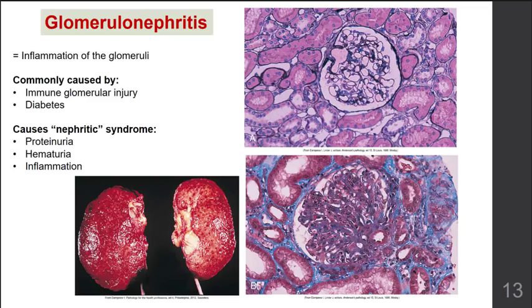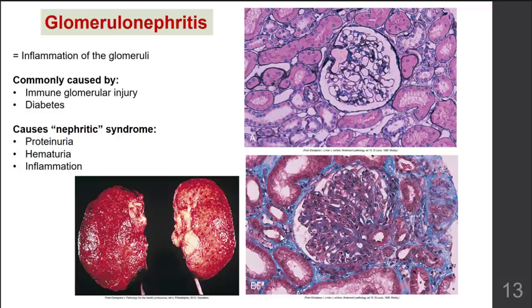Now we're going to look at glomerular disorders, so referring to injury to the glomeruli of the kidney. First, we'll talk about glomerular nephritis. Remember, itis refers to inflammation, so this is really inflammation of the glomeruli of the kidney. In these histological pictures, you can see at the top, this is showing you a normal glomeruli, and at the bottom, an inflamed glomeruli, where inflammation and edema is present, and this will induce renal failure because of the inability of the glomerulus to filter the blood or the plasma that comes into it.